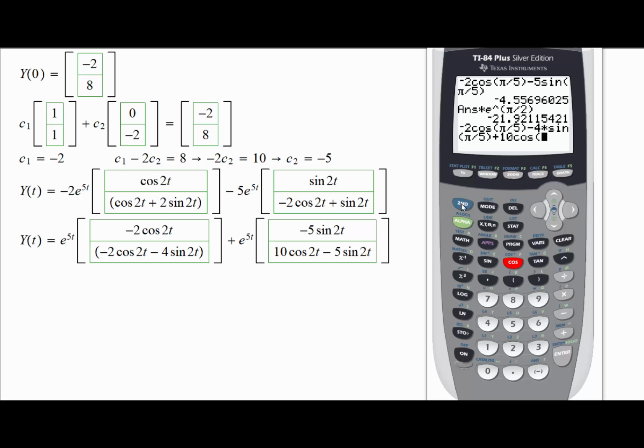I think this will save more time. So pi over 5, right? And then -5 sine of pi over 5, okay?